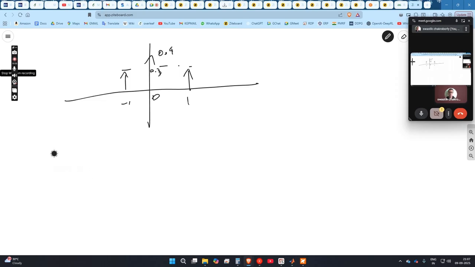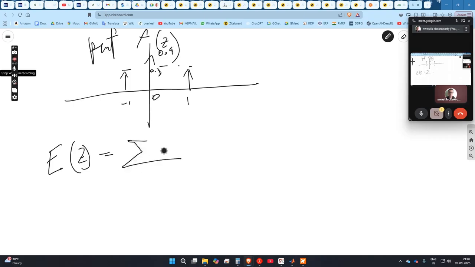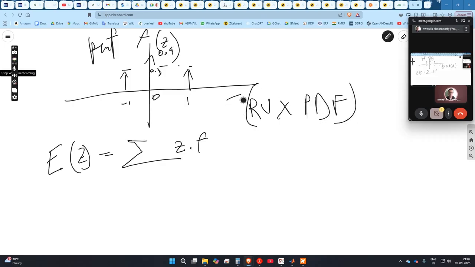So expectation is simply, this is the PMF f(z). So expectation is just the summation of the product of the random variable and its PDF or PMF. So random variable multiplied by the PDF or PMF, summation. So it is basically the weighted average of the random variable weighted by its own probability density function or probability mass function.